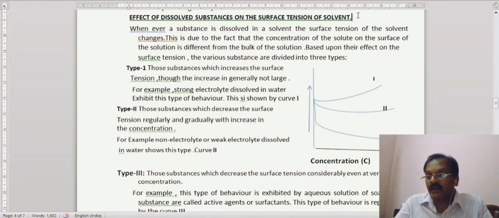This is due to the fact that the concentration of solute on the surface of the solution is different from the bulk of the solution.